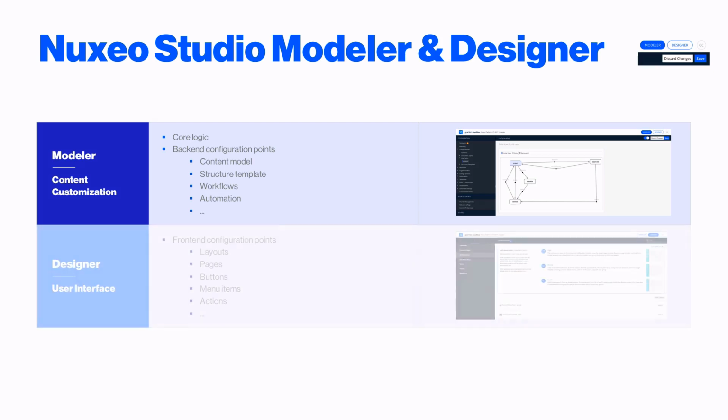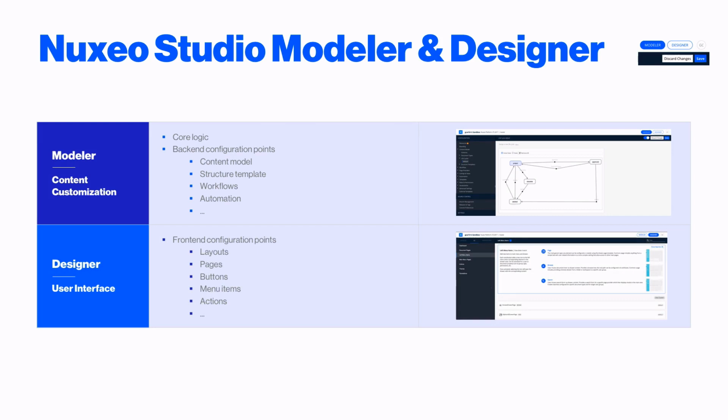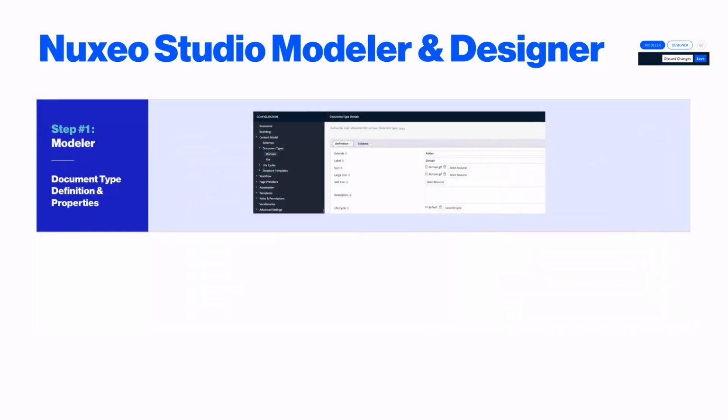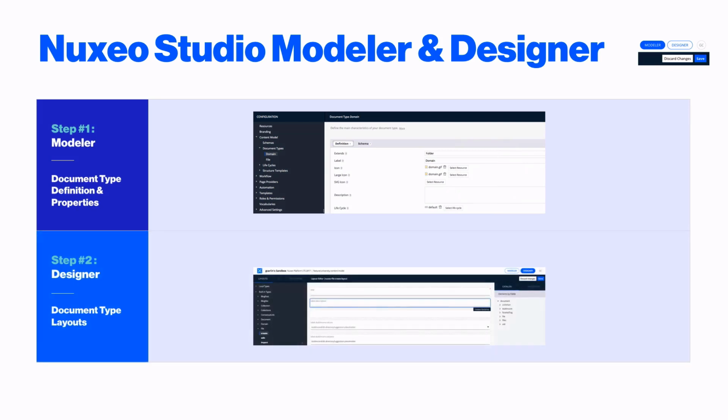On the other hand, Nuxeo Studio Designer allows you to configure layouts, buttons, and all configuration items linked to the user interface. In the case of the document type creation, first, create the document type characteristics and its associated properties in Nuxeo Studio Modeler. Then, configure the associated layouts in Nuxeo Studio Designer.